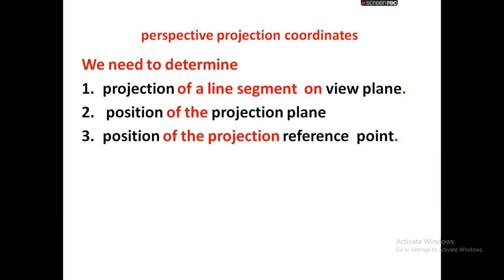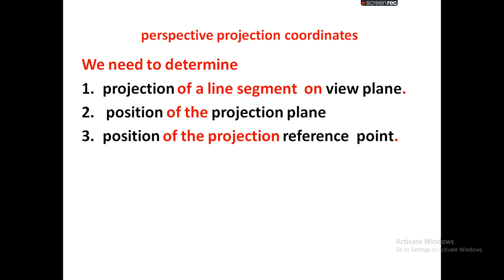As we discussed in the previous video lecture, you can place the projection plane in three different places, and we also discussed the position of the projection reference point when we are using a synthetic camera. So these three points clearly specify how we can implement the synthetic camera model in an OpenGL program to create a synthetic object and also to display it on the screen of the monitor.